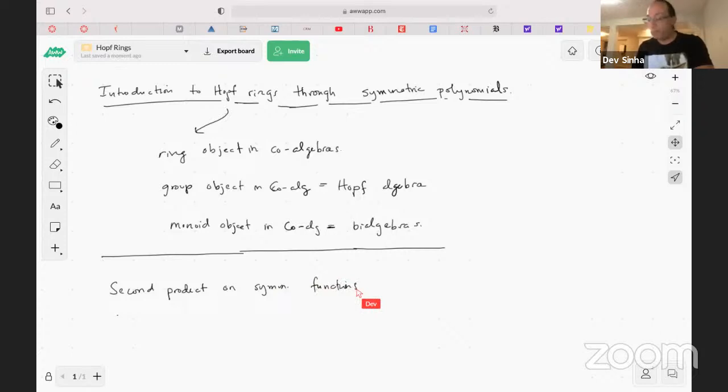So let me just give an example. And this is on symmetric functions with possibly different numbers of variables.